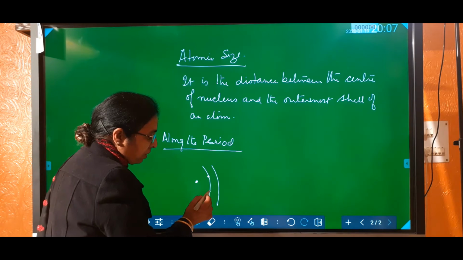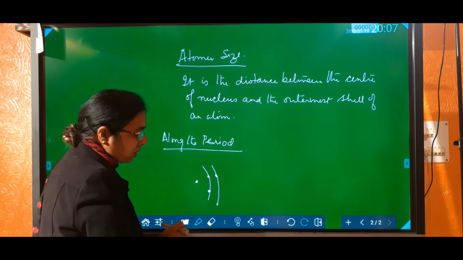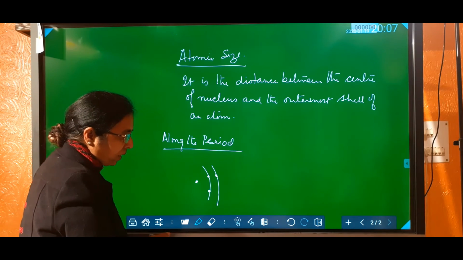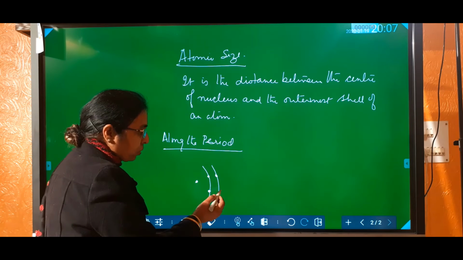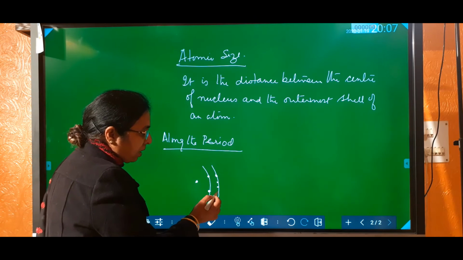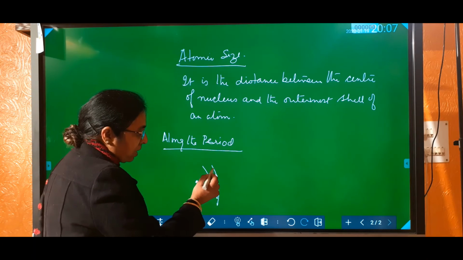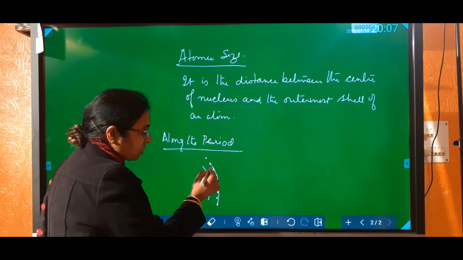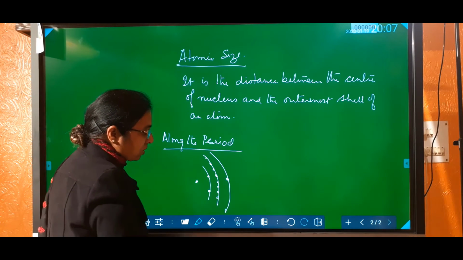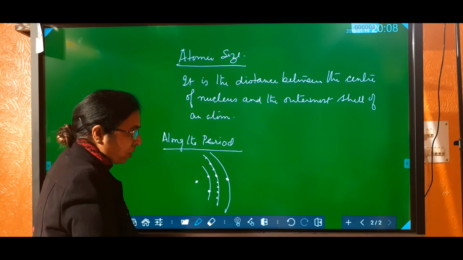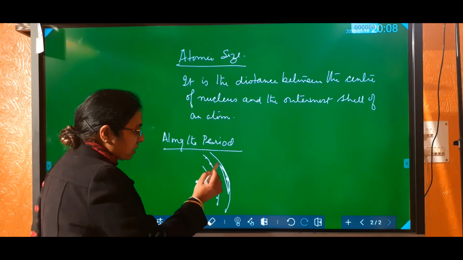Inside, the K shell has 2 electrons and the outermost shell has 1 electron. Then after lithium, for sodium we have 8 electrons already filled over here, 1, 2, 3, 4, 5, 6, 7, 8, and now a new shell begins and there is 1 electron over here for sodium. Alright, so let us see as we move along the period.